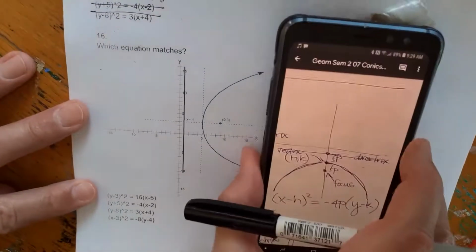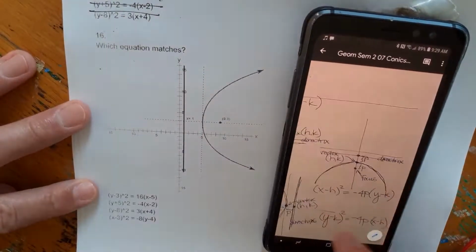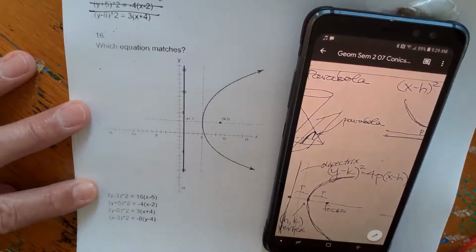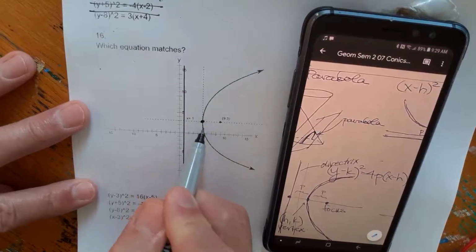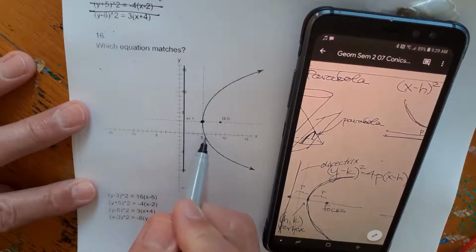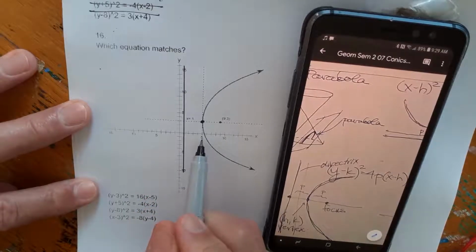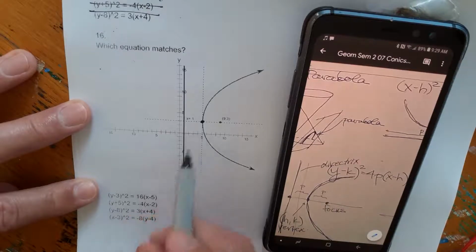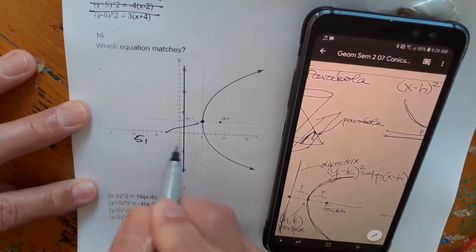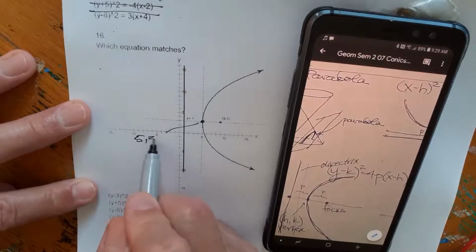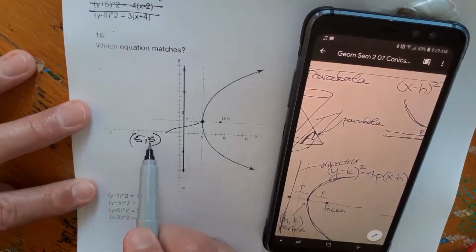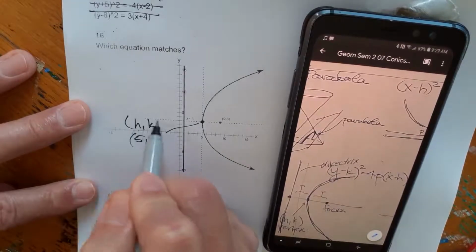All right, let's go back to our notes again. We're opening to the right. So y minus k squared. We have h, k. Let's find the 1, 2, 3, 4. Looks like a 5 there. Oh, here we go. That's the directrix, not the axis. 1, 2, 3, 4, 5. So this is at 5, comma, 1, 2, 3. Y minus k, which in this case is 3, because this is h, comma, k.